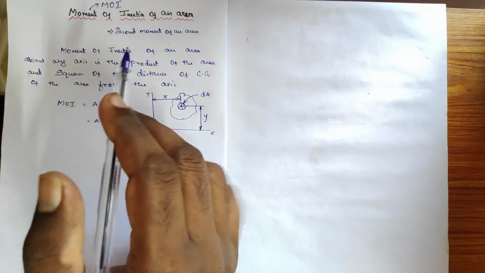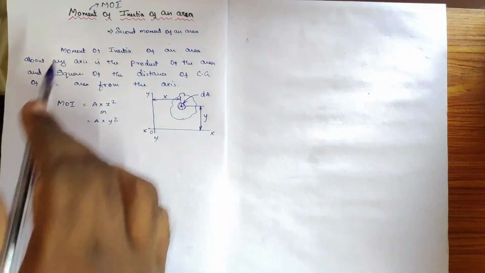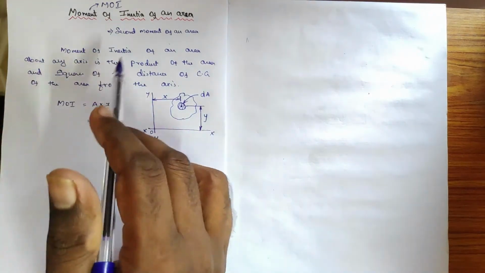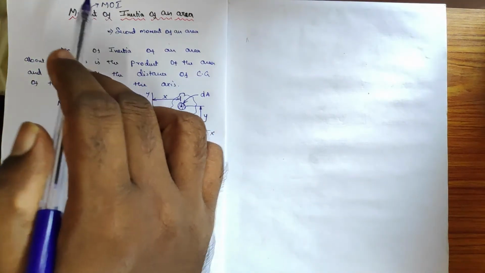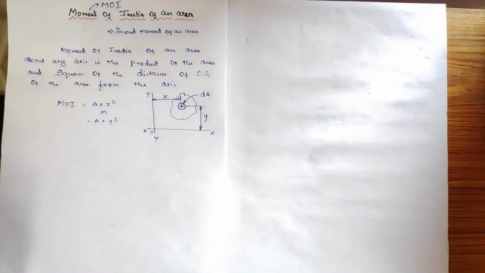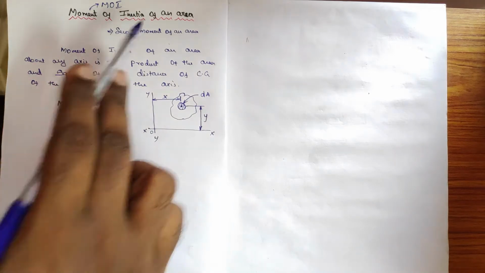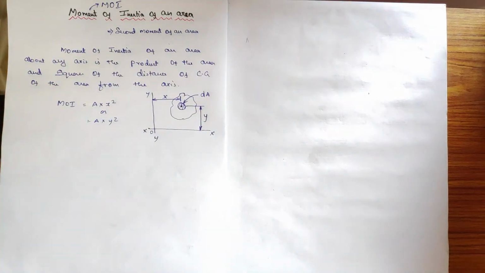Okay, so actually this moment of inertia is a very important parameter when we look into the design part. Before knowing this, I want to say what it is. Moment, we know, is nothing but the ability of a body or any kind of stuff to rotate. Inertia is nothing but resistance to change of state. It experiences a resistance force, right? So moment of inertia is a property of resistance to rotate or bend.